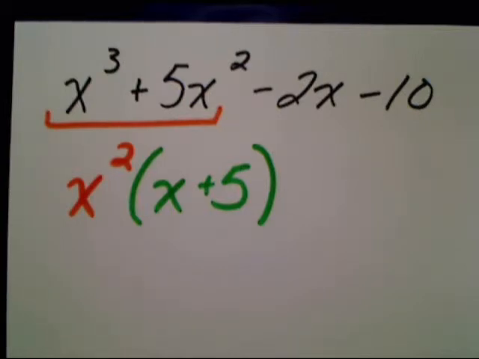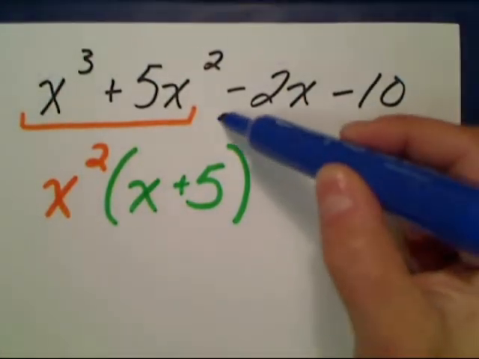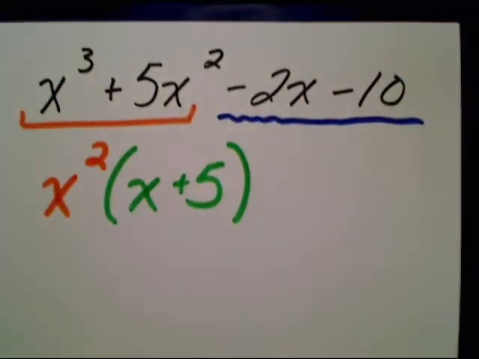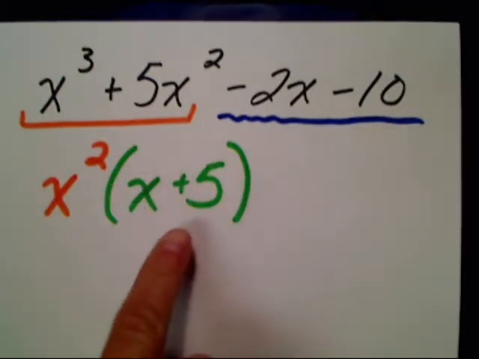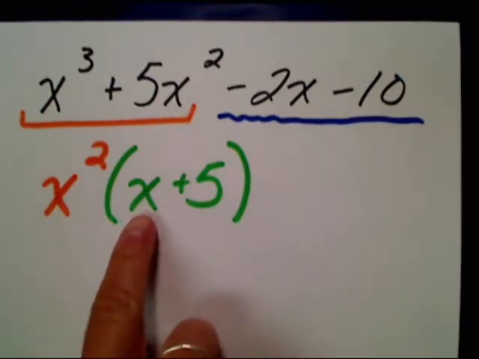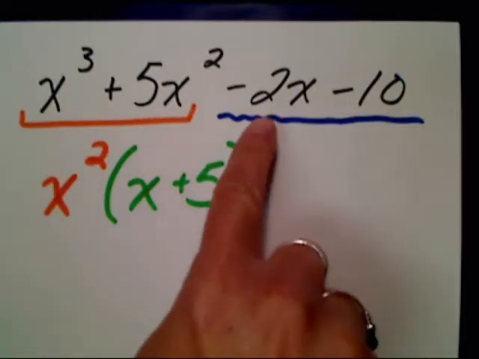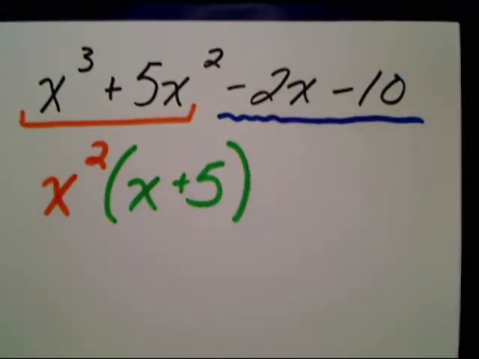Now I'm going to do the same thing with my second two terms. But what I notice here is that both of the terms are negative. Now I know when I factor by grouping that this quantity is going to be the same in both of them. And the quantity here has two terms that are both positive. But I have two terms that are both negative. So to switch the signs around, my greatest common factor of those two terms will be negative.